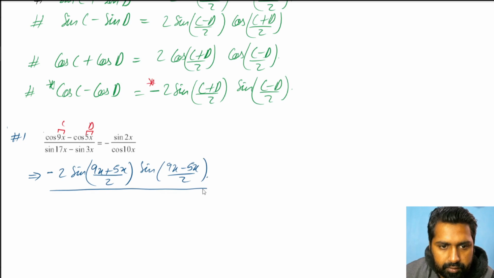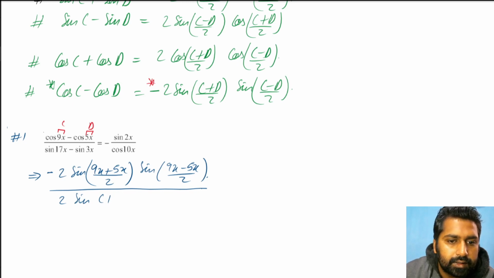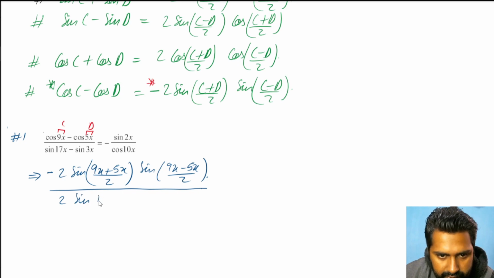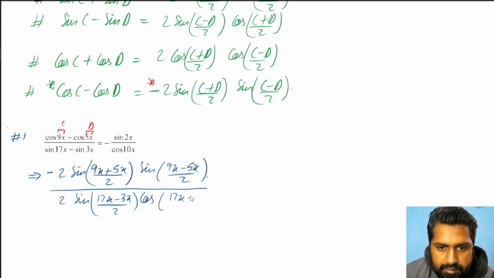And in the denominator also, sine C minus sine D. So 2 sine, not add them, subtract them, 17x minus 3x divided by 2, cos, 17x plus 3x divided by 2.